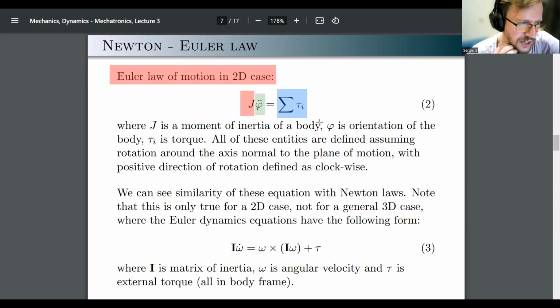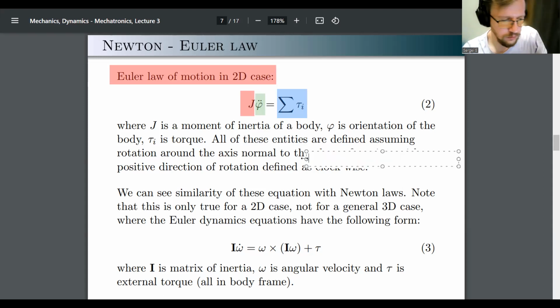Here we assume that the axis of rotation is perpendicular to the plane, so it looks at us, you can say. Then the positive direction of rotation would follow the right-hand rule: if you wrap your hand around the axis, your thumb should stick along the axis. And you will notice this describes counterclockwise, not clockwise, counterclockwise.